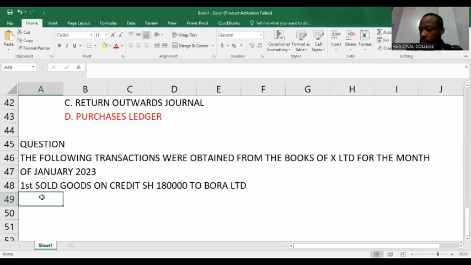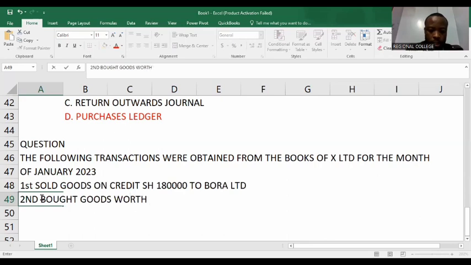Then the second one says we bought goods worth shillings 120,000 from Jawabu Traders on credit.